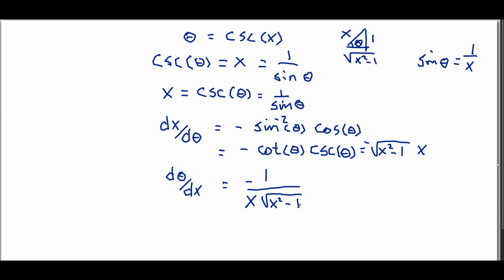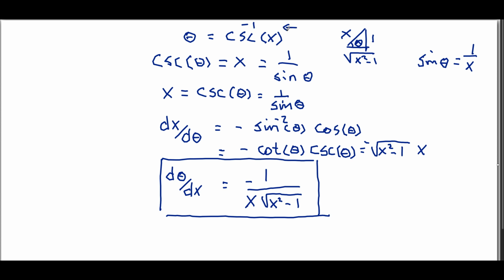And that, when you check online, is indeed the result you get when you take the derivative of the inverse cosecant. And I'm sorry, I forgot to put the inverse sign there. And so that's how we derive that. I apologize up here. I should have had the arc sign up there.